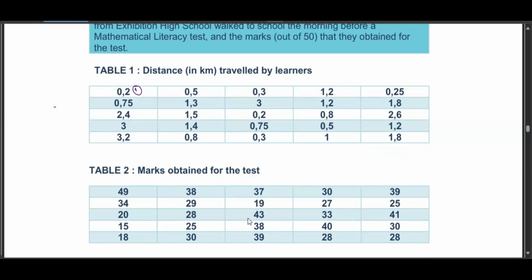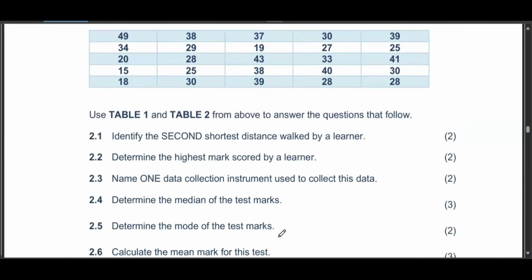This is one. The second smallest is this one. Okay, the second smallest distance is 0,2.